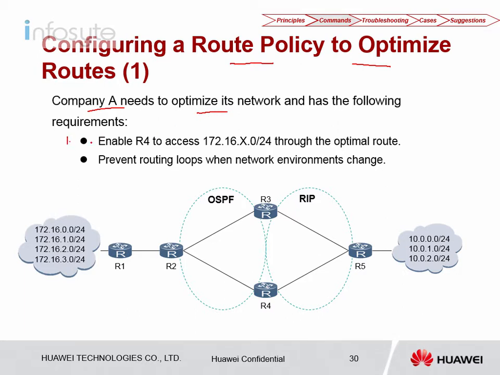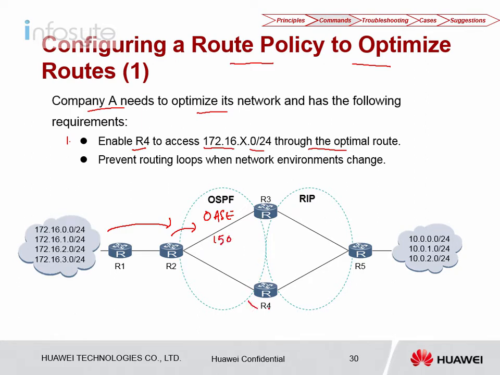The first requirement here: enable R4 to access 172.16.0.24 through the optimum route. Now, what I mean over here is when this route is being sent to R2 and R2 imports it into OSPF. When you import into OSPF, the ASE preference here is 150.